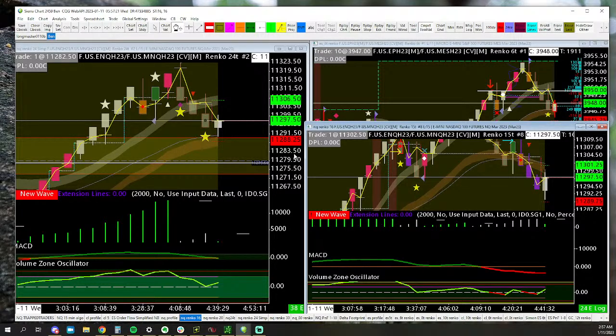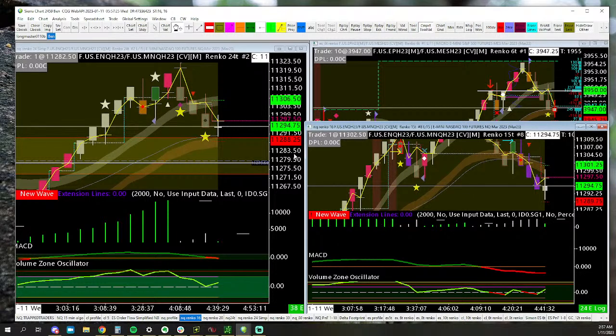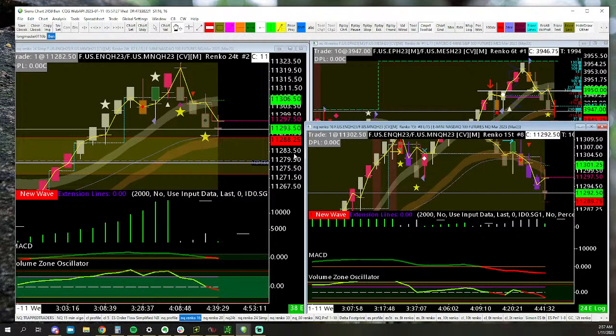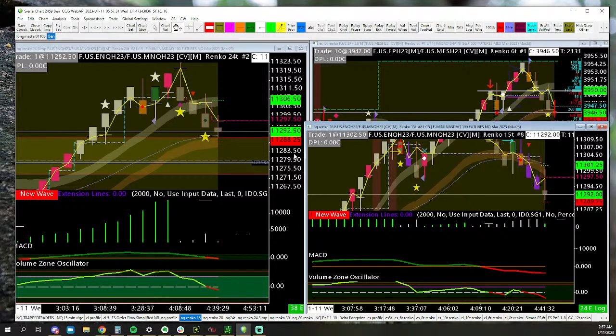Gross. Well, good job if you shorted. I took the scratch because it didn't set up the way I wanted it to, but looks like they want lower.